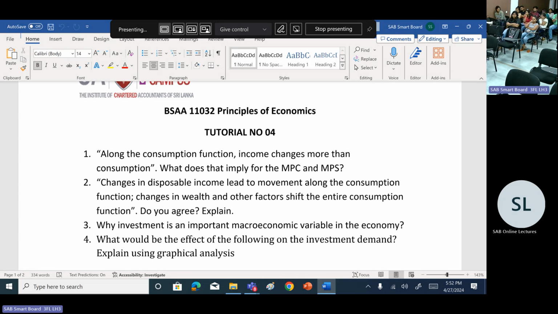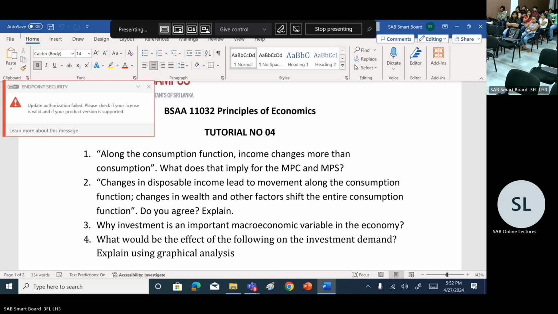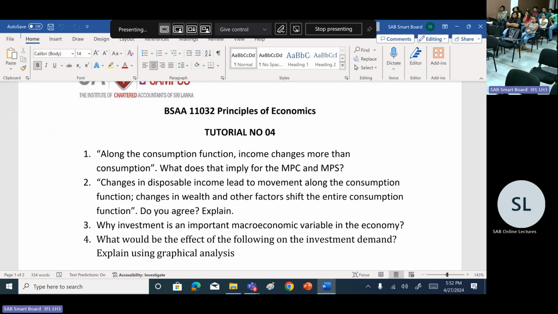Let's talk about the slope of the consumption function. What is the consumption? Consumption function equals consumption, here the income, right? So this is our consumption.